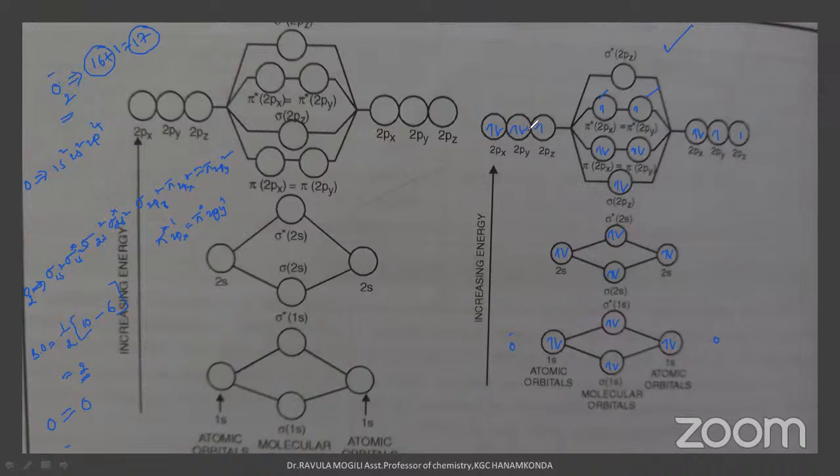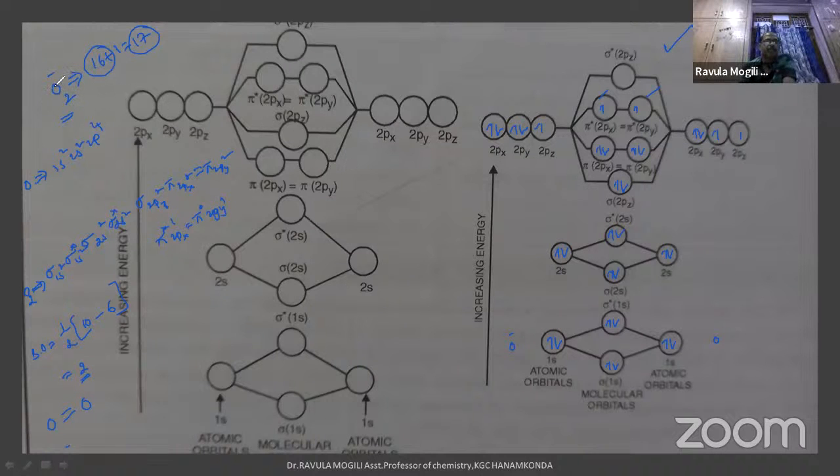అర్థం కాలేదు సార్. So I said O2 minus. O2 minus is nothing but a superoxide. Superoxide is used in submarines.